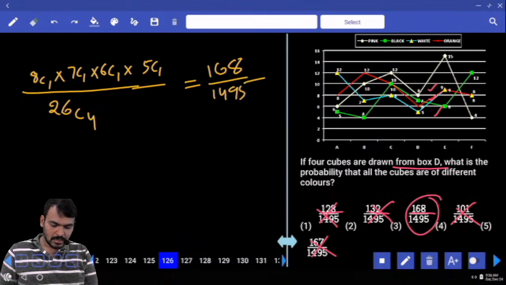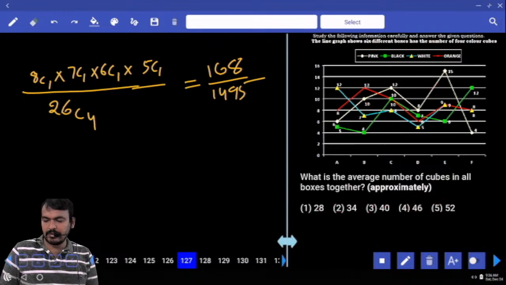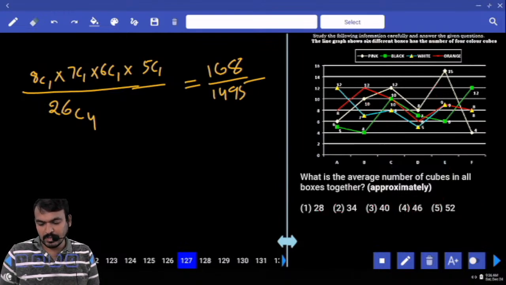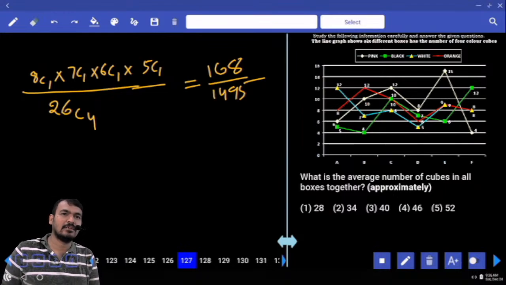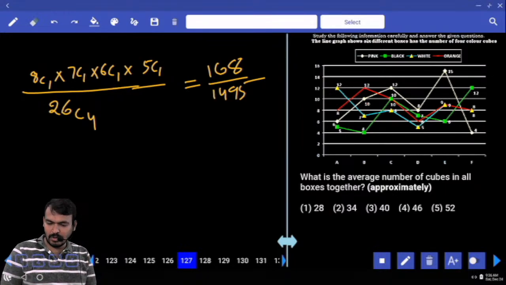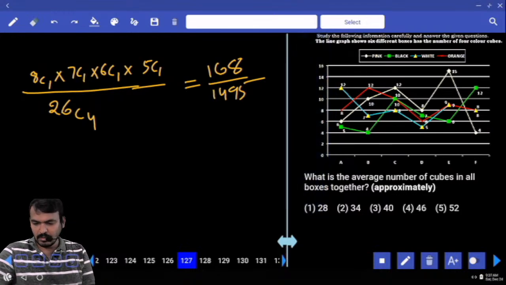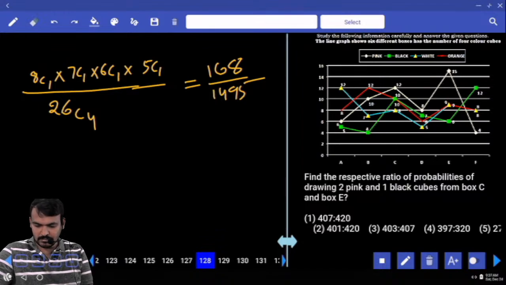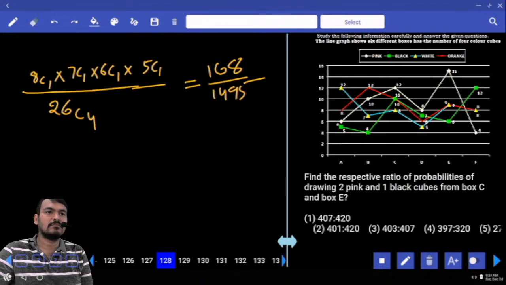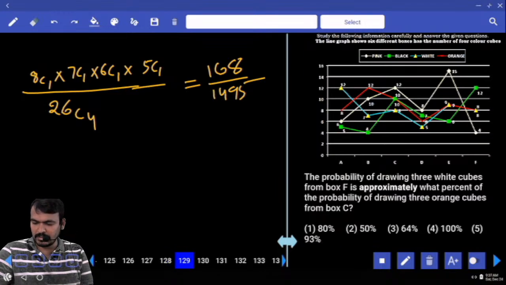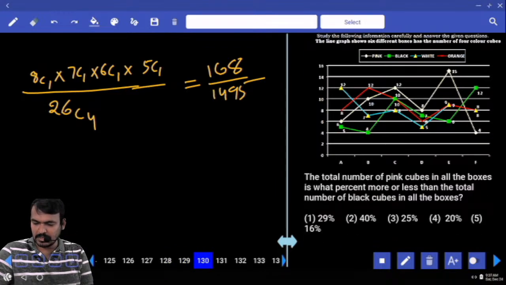Okay, next 127. What is the average number of cubes of in all the boxes together? మొత్తం యాడ్ చేసి డివైడ్ బై how many boxes? 6 boxes are. Next 128. Same probability చేస్తారా? 129 also probability related. 130 directly question.